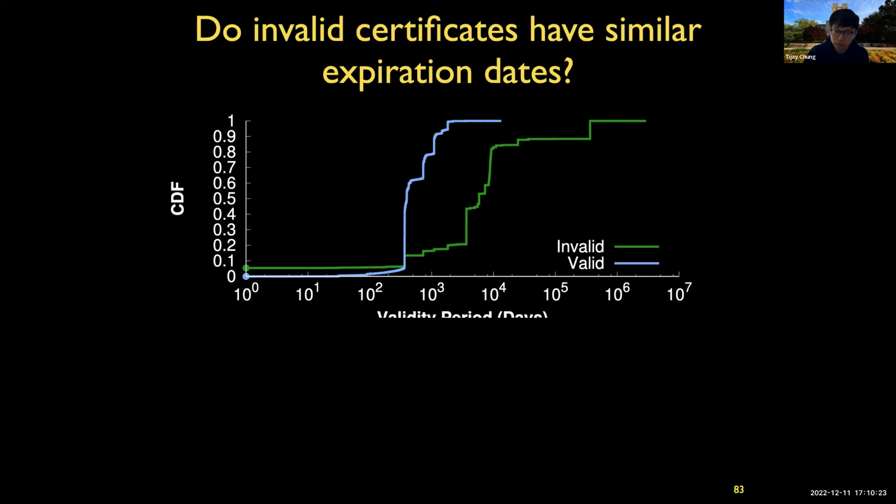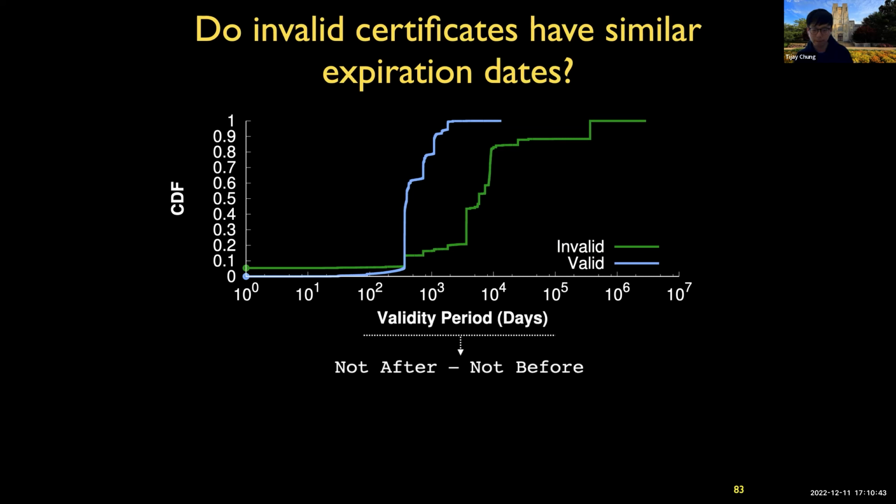The first perspective is the expiration date. As I mentioned in the second class, a TLS certificate has a validity period. In the case of a valid certificate, most of them are just 1 year at a time.